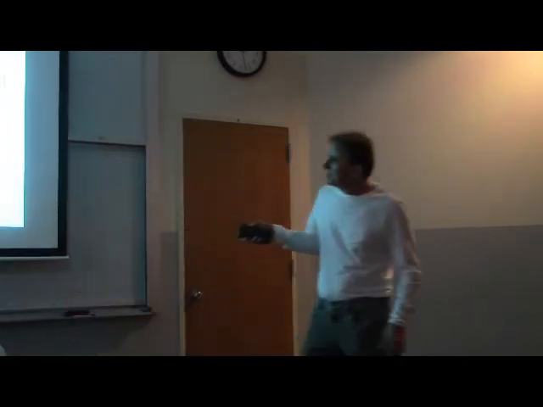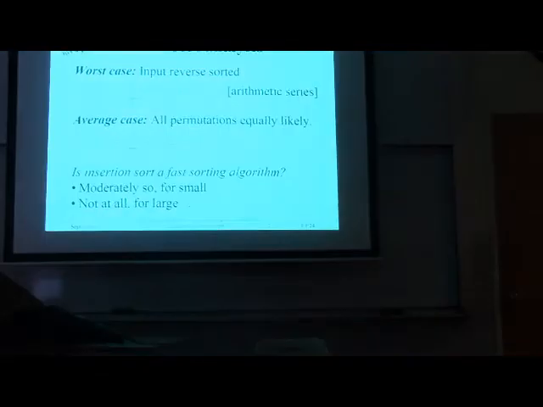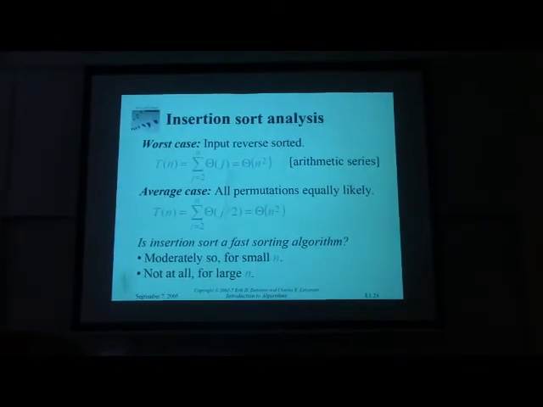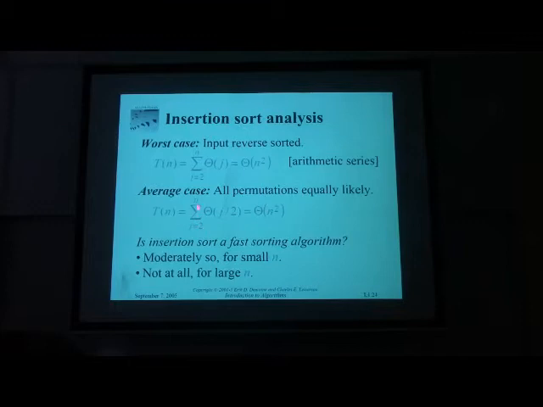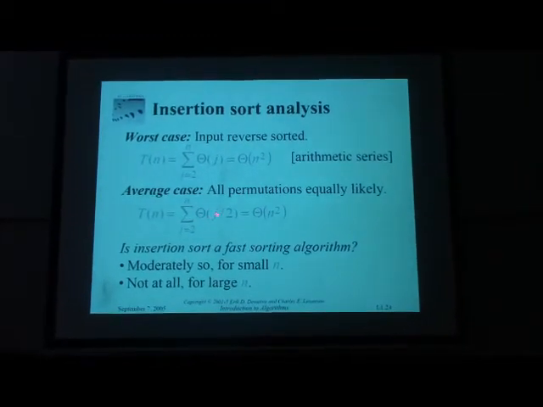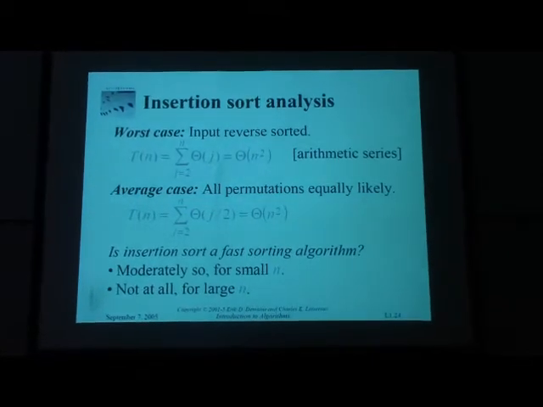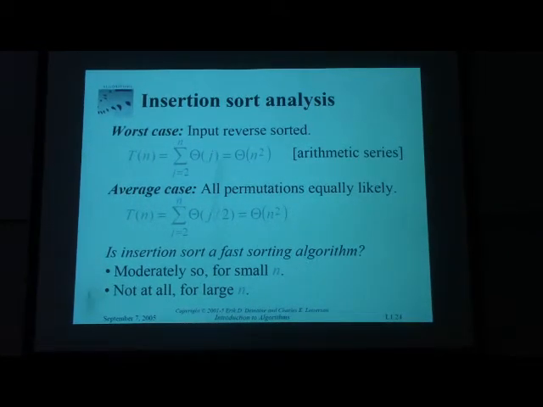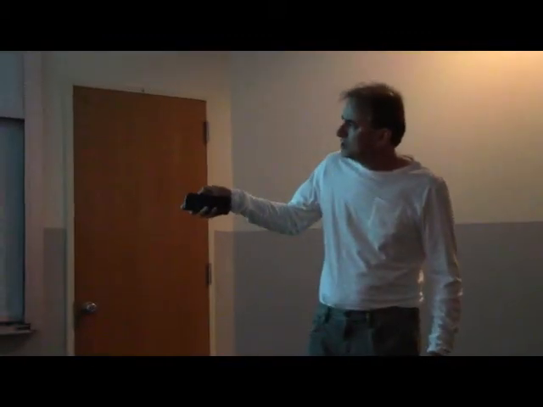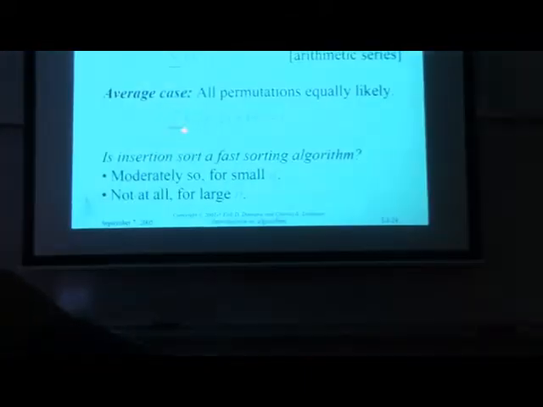Now the average case, we're going to say all permutations, and you know there's a lot of permutations, are equally likely. So for the algorithm from 2 to n, roughly speaking, half the elements are going to slide. So when j goes to n, it's going to be n over 2.